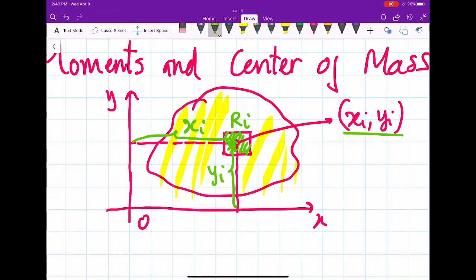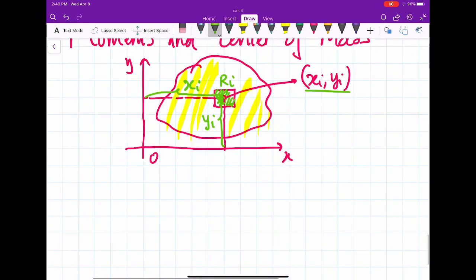The mass of this Ri is nothing but rho of xi, yi times delta ai, where rho is the density in that neighborhood. We suppose that the density in that neighborhood is constant, and that is equal to rho xi, yi. And the area of this Ri is just delta ai.